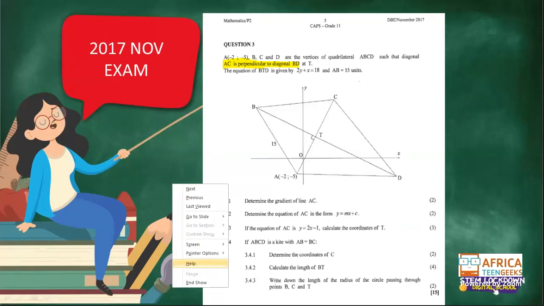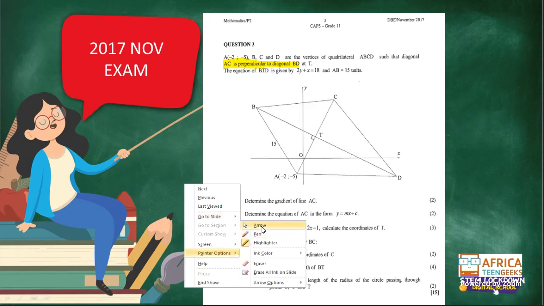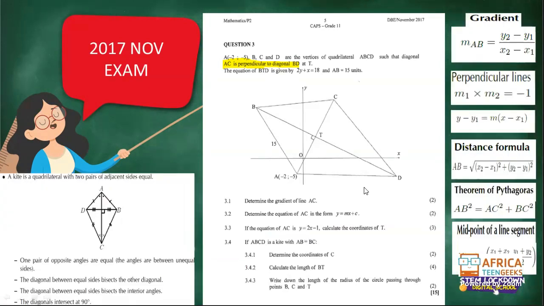For example, we are given that our line AC is perpendicular to BD, and we know the relationship between perpendicular lines with regards to their gradients. So for number 3.1, we used perpendicular lines.